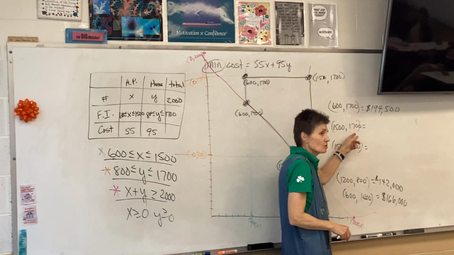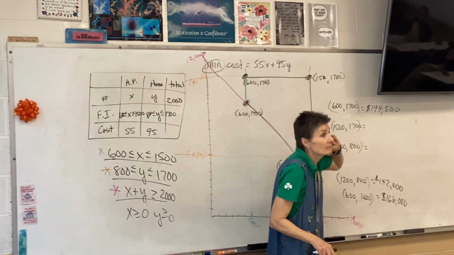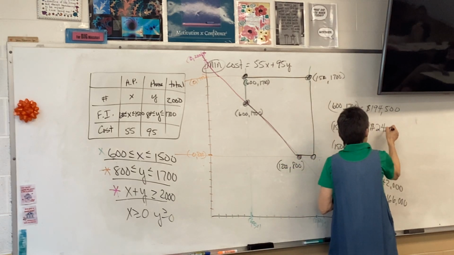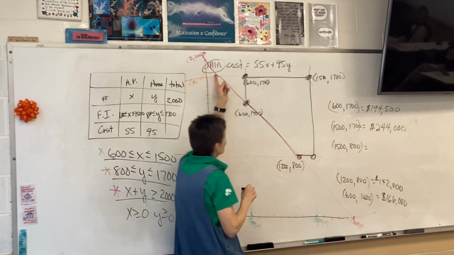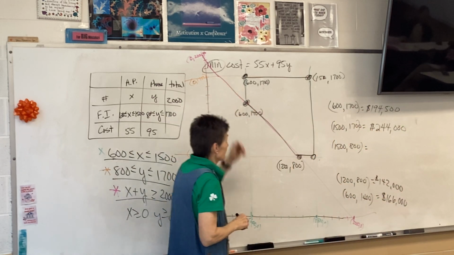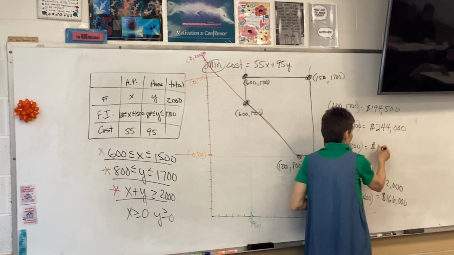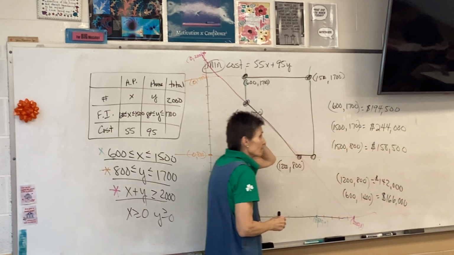All right, anybody got this one? 244,000? Okay, that's not our winner. Because remember, what are we trying to do this time? Minimize. All right, what's this one? 158,500.